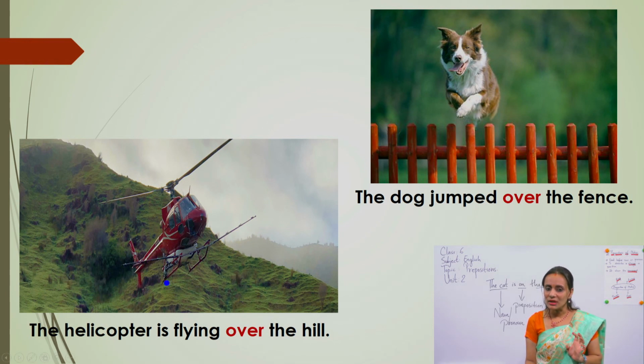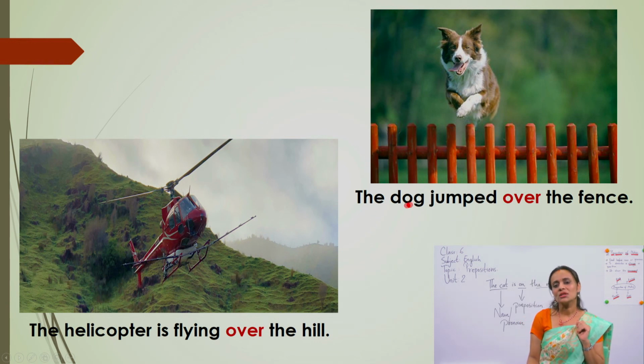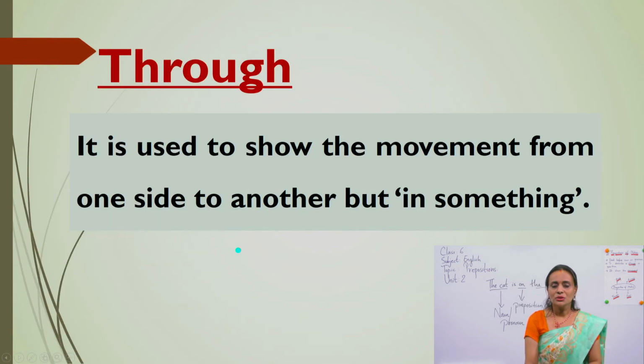So the sentence here is: the helicopter is flying over the hill. Here also the dog is jumping over the fence, taking the height but in the movable position. So the dog jumped over the fence, isn't it?